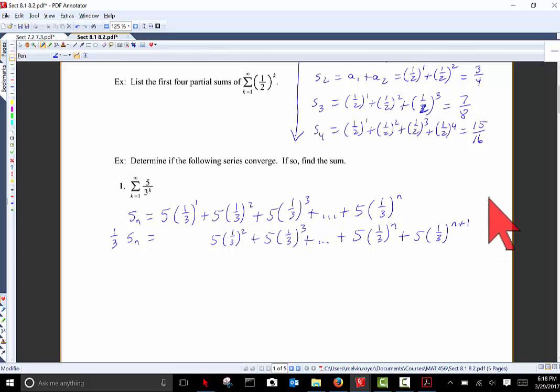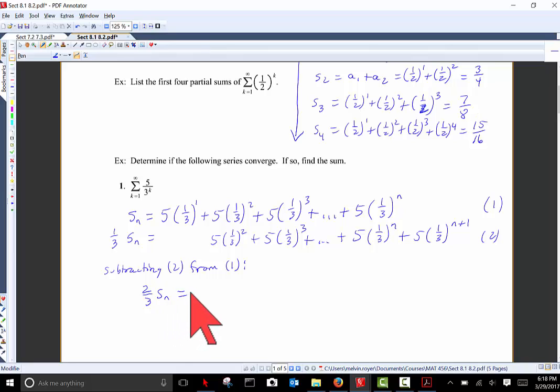The reason that's useful is that I can subtract. If this is equation 1 and equation 2, then subtracting equation 2 from equation 1, on the left-hand side, Sn minus 1/3 Sn leaves 2/3 Sn.